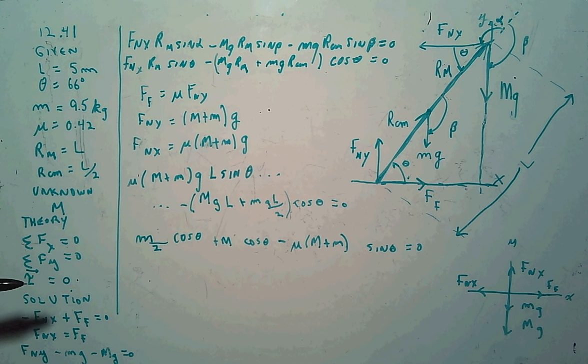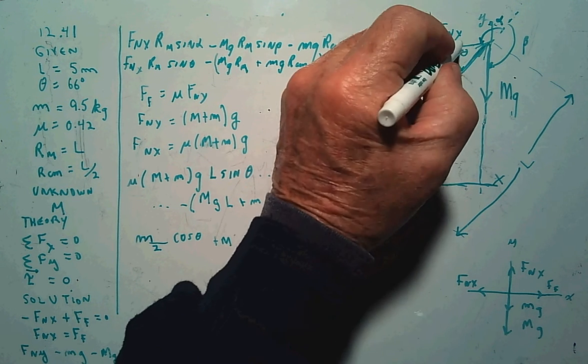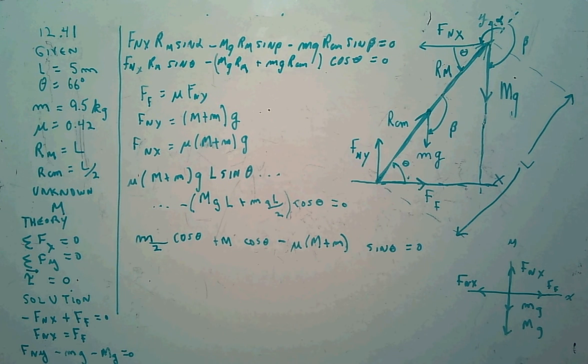We're going to have to find that friction force and the normal force in the x direction. So if you sum the forces in the x direction, then the normal force in the x direction, and that would be negative, plus the positive force F sub F in the positive x direction, they must add to be 0.